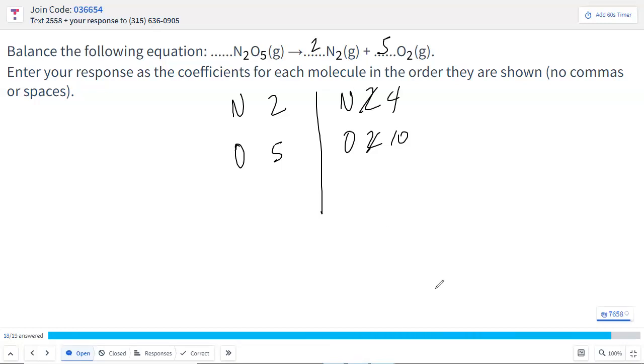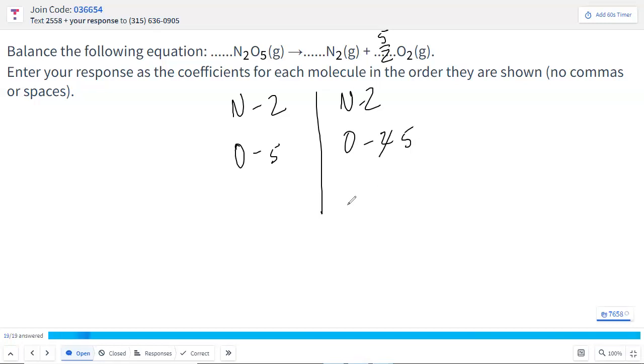Another way to go would have been very similar to what we did with the combustion equation, where you look at this and go, okay, how do I get 5 out of 2s? Well, I turn this into a fraction. 5 halves turns this into a 5.